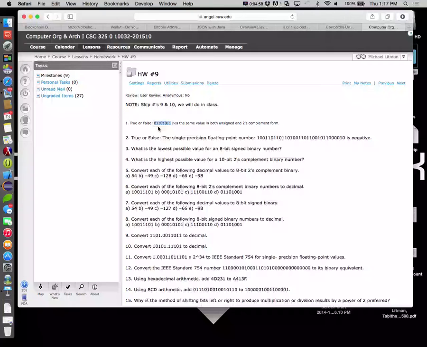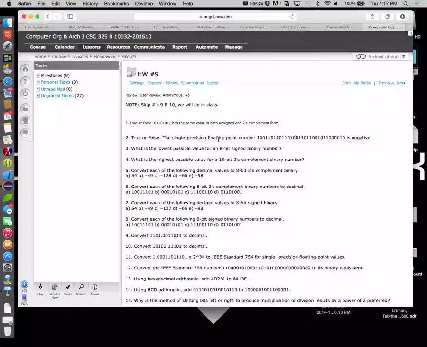Can I put any number in here that has the same value in both unsigned and 2's complement form? 0? Okay. Anything else? The only number you can think of? What about a 1? 1 wouldn't be, right? Okay, so this is false. Not the same.